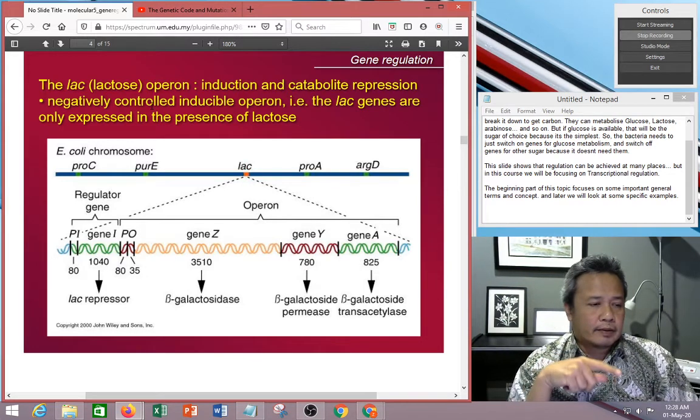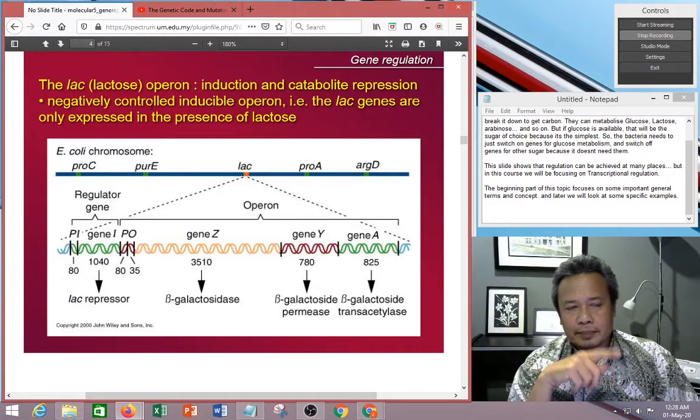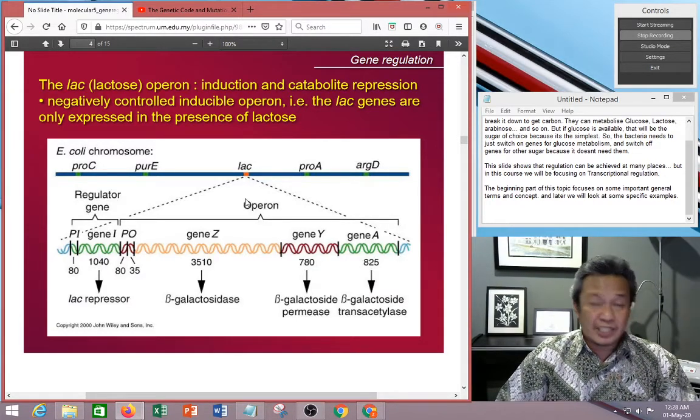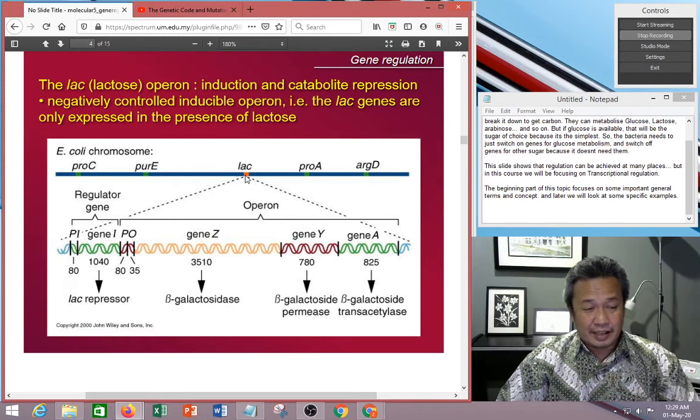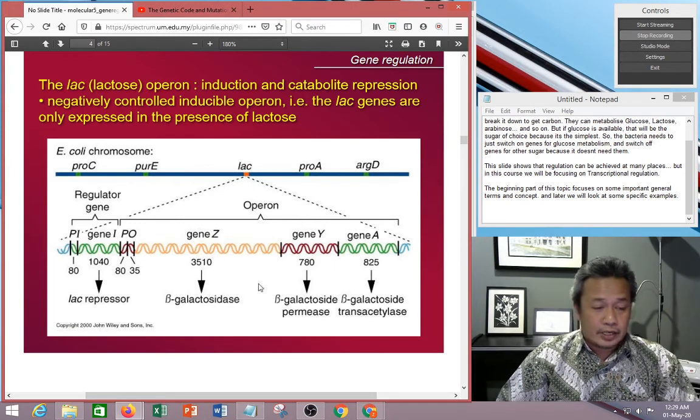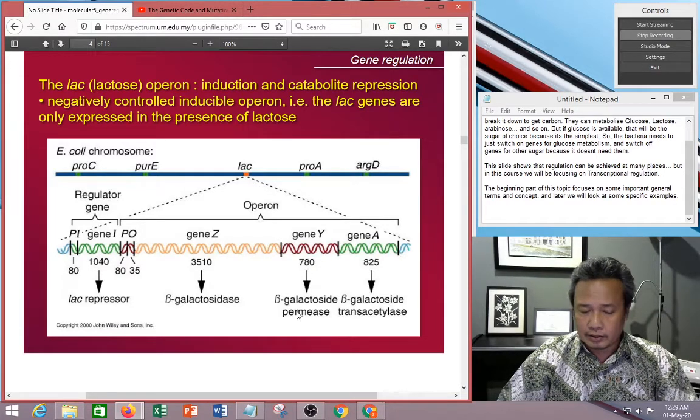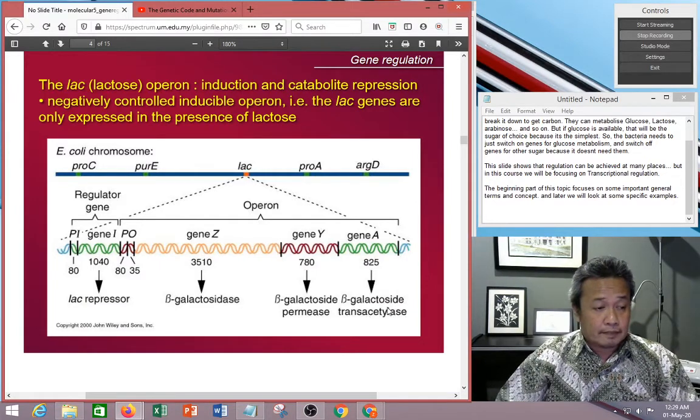Now, the genes are only expressed in the presence of lactose. So this is the structure. This is a lactose operon. Within that Lac operon, you have three genes: gene Z, gene Y, and gene A. You have the beta-galactosidase, the galactoside permease, and the transacetylase, and then you have the promoter and operator.